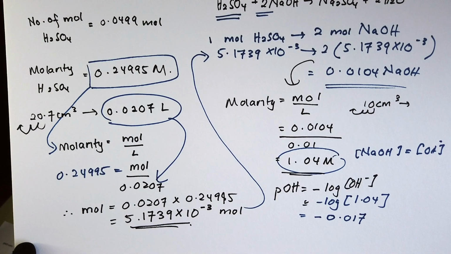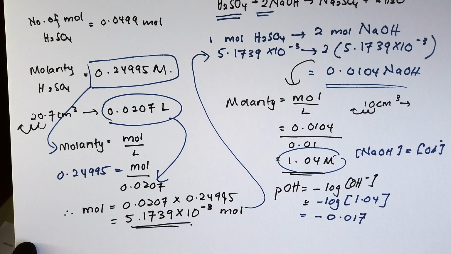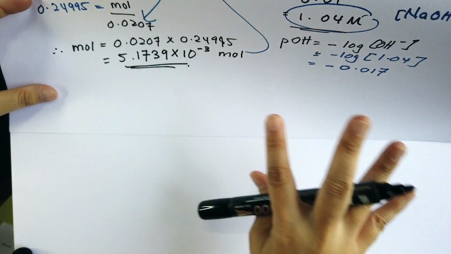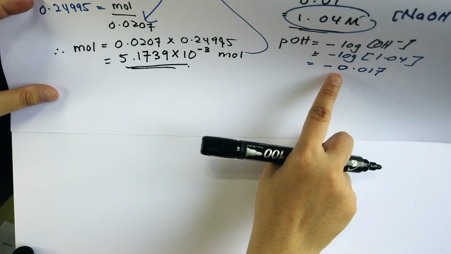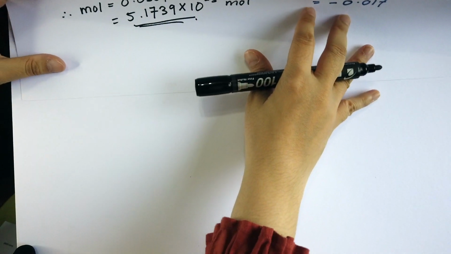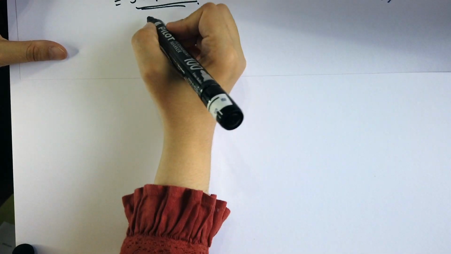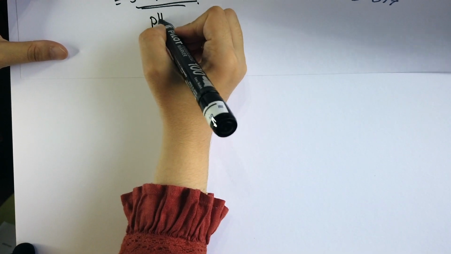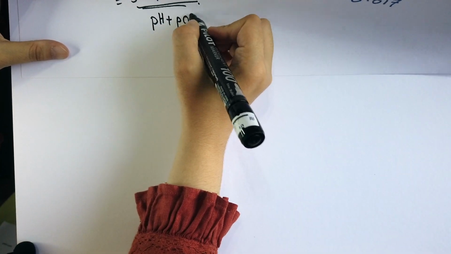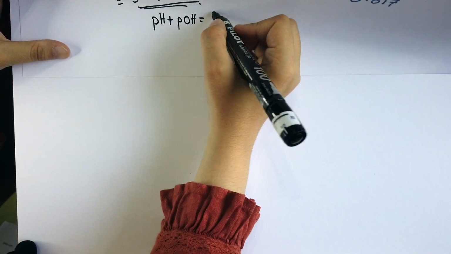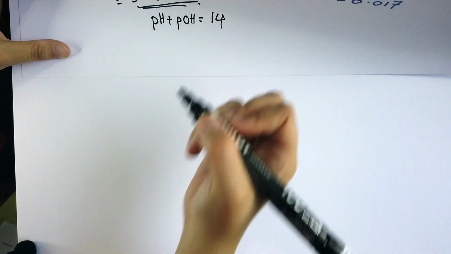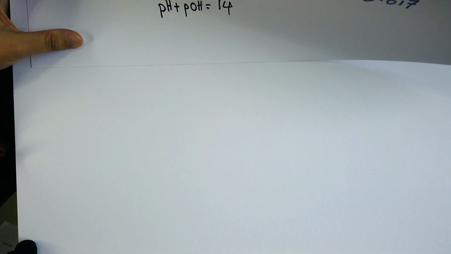Okay, but we have not ended this question yet. It's so long. Because you were asked to calculate the pH, right? Now we only get the pOH. So we need to use this value of the pOH. So pH plus pOH equivalent to 14, right? Okay.